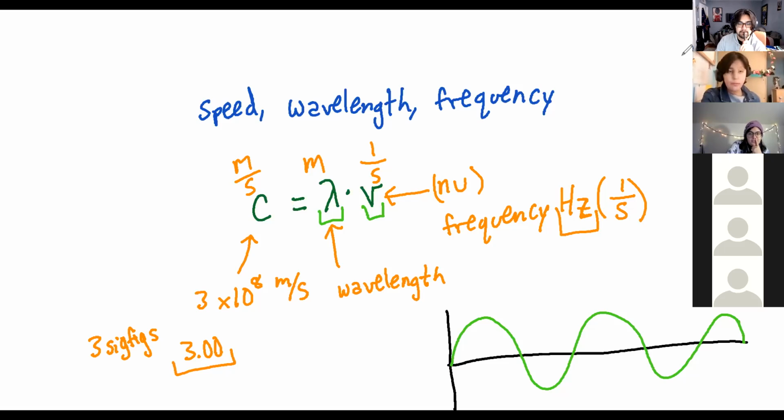Anybody want to take a wild guess before I tell you what it is? Is it in the second peak? Like from the beginning to the top of the second little peak. From here to here? No, like the top one.